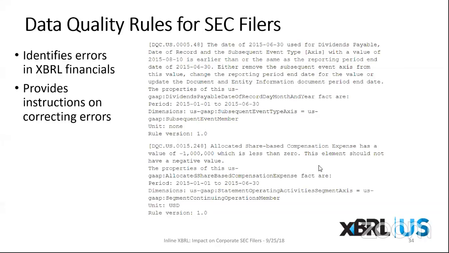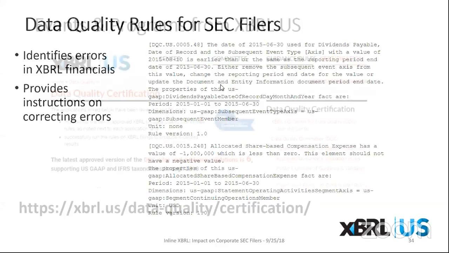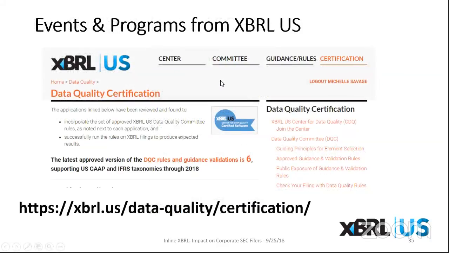So these are some error messages that can be generated by using the Data Quality Committee rules, and these are freely available rules. You can see them up on our website. You can use them through a tool that we have available, or frankly, an easier way for you to use it is by looking for data quality certified software, and you can find a list of those software applications that have been certified to run the data quality rules.